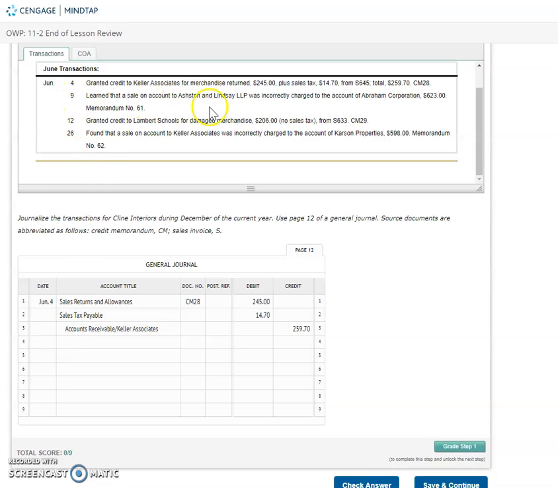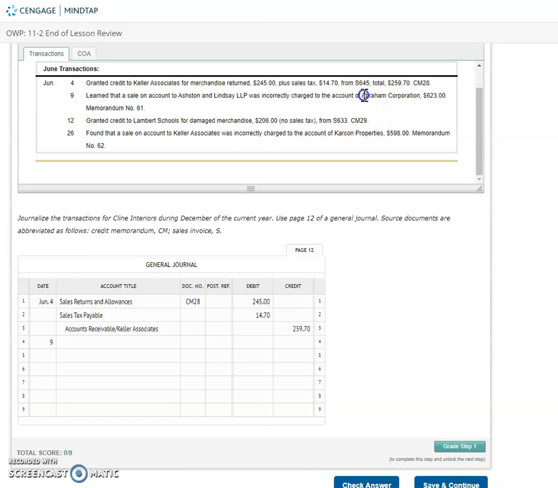Okay, June 9th, it says that a sale on account to Ashton and Lindsay LLP was incorrectly charged to the account of Abraham Corporation, 623, memorandum number 61. So starting with my date of the 9th, this customer here was the one that we were supposed to charge.